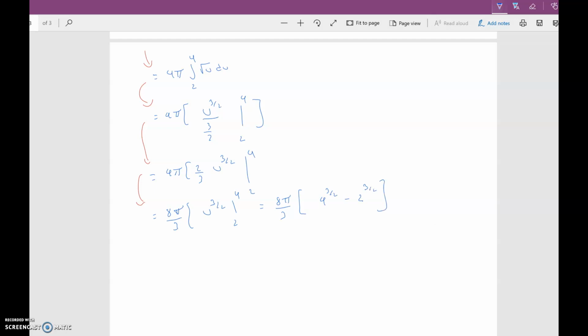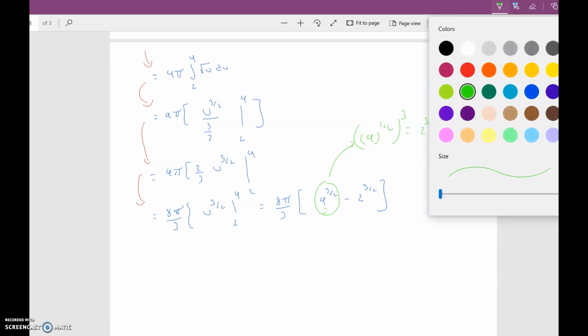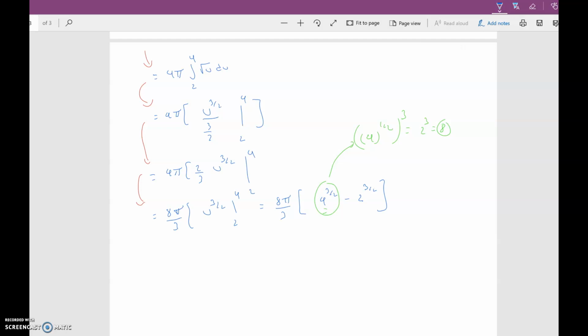We can definitely further simplify this because this is just 4 raised to the 1/2 raised to the 3rd, or technically 2 raised to the 3rd, or 8. But if you leave it like that as an exact answer, that's perfectly fine. Let me just rewrite it as 8 pi over 3 times 8 minus 2 to the 3 halves.